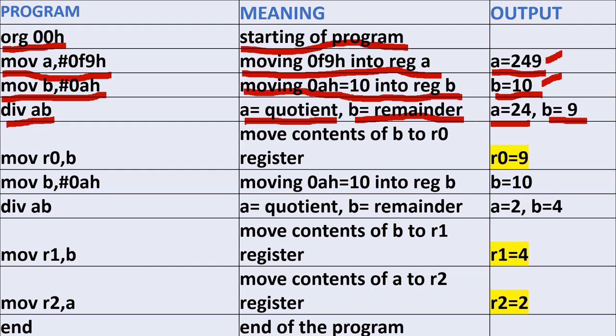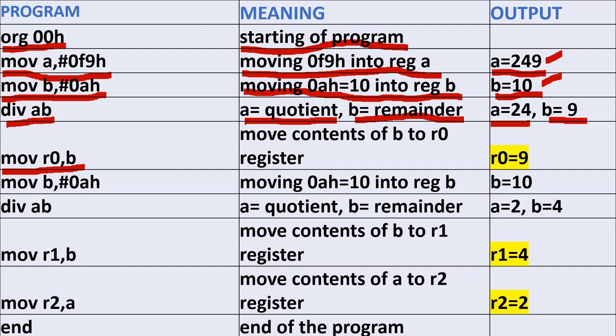This is my first quotient and remainder that I have mentioned here. When I execute this code, in register A after division, I will get the hexadecimal equivalent of 24 and in B the hexadecimal equivalent of 9.